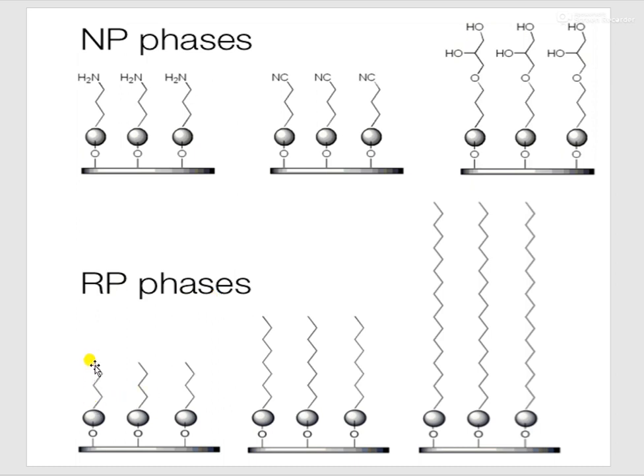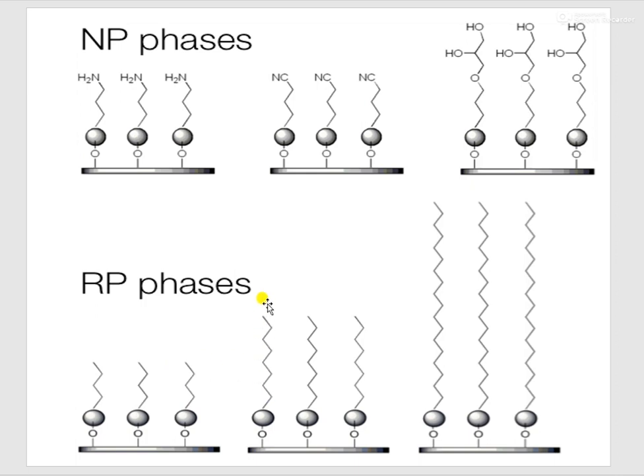4 carbons attached to the silica gel backbone. So the C4 group is relatively non-polar. It is not as non-polar as C8 and C18, but if you compare it with the polar stationary phases above, this C4 group or C4 column is an example of reverse phase.